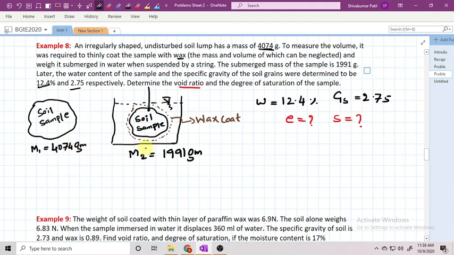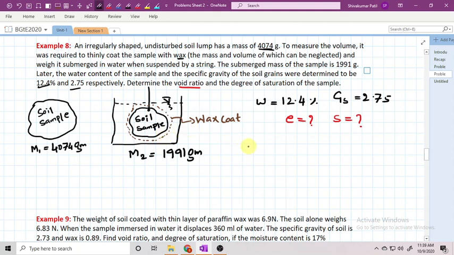According to Archimedes principle, whatever difference of weight there is, that much weight of water will be expelled once you immerse the soil. What is Archimedes principle? Whenever a certain mass of soil is immersed into water, the equivalent weight or volume of water will be expelled out.